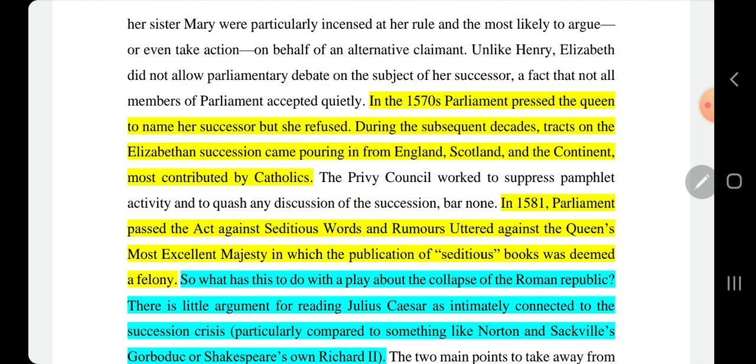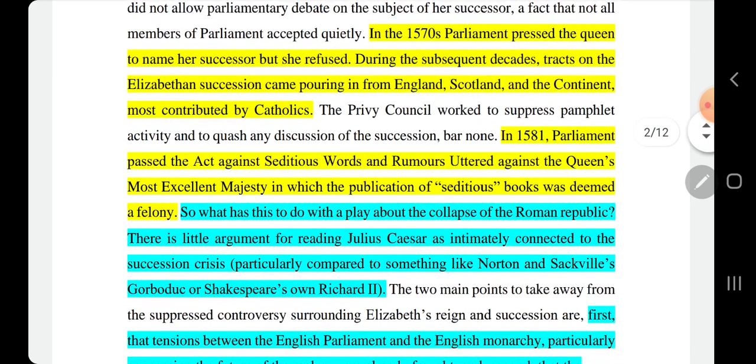So a kind of rebellion started to happen against Elizabeth herself, the queen.